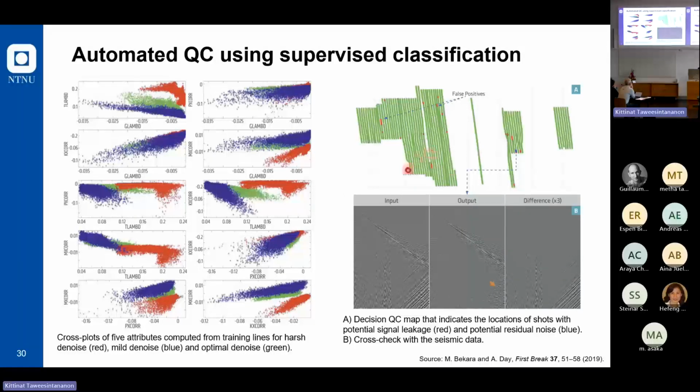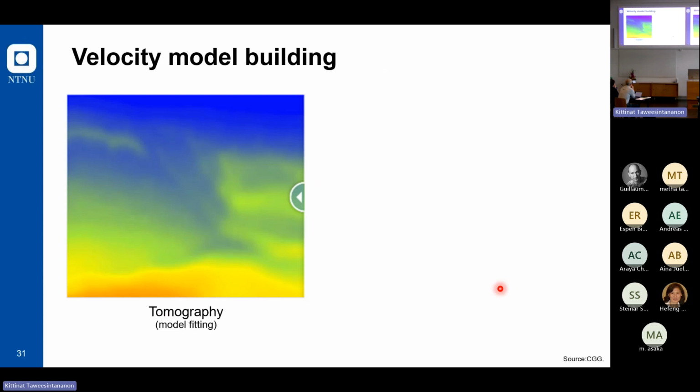For example, they can determine that for some denoise technique, this parameter provides in general a good, acceptable result, shown in green color, but maybe you have something not acceptable in the red or blue color here. And then they show that, yes, exactly, there is some remaining or residual noise in the data that we cannot remove with this. So it helps in the QC.